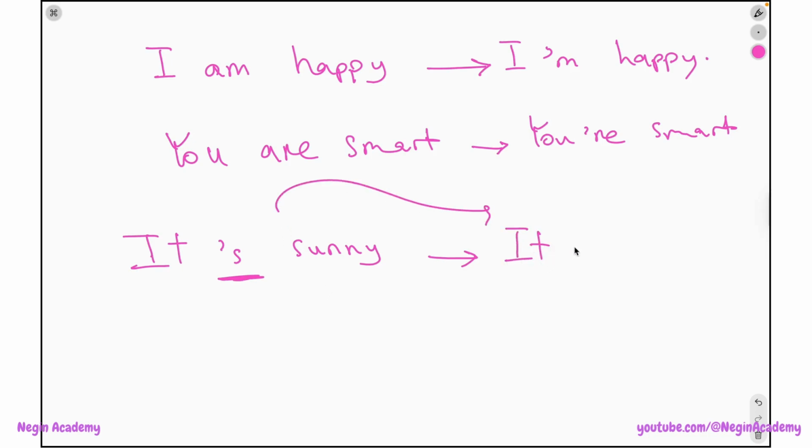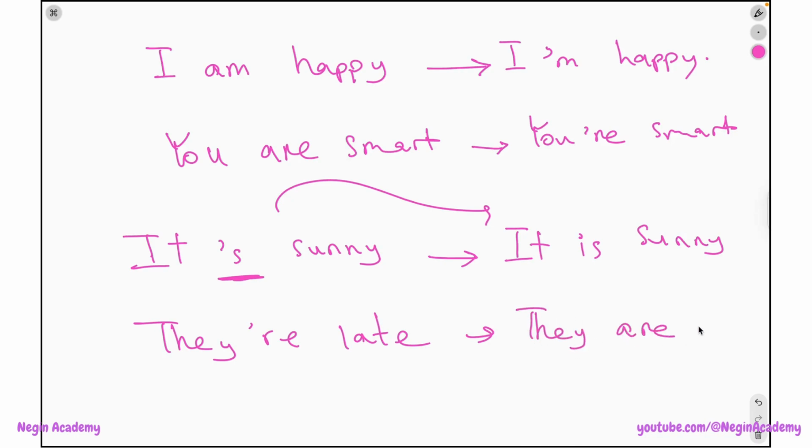Yeah, we just have to add the vowel I before S. It is sunny. Or for instance, we have they're late. The full form is they are late, and the full stop here.